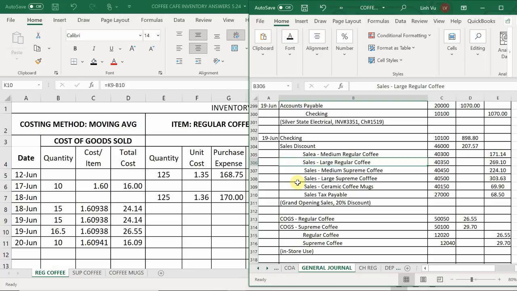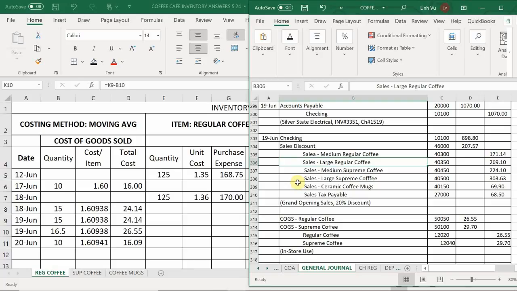Now, how do I journalize that? Okay? I just calculated the cost of goods sold for my regular coffee, which cost me $16.09.